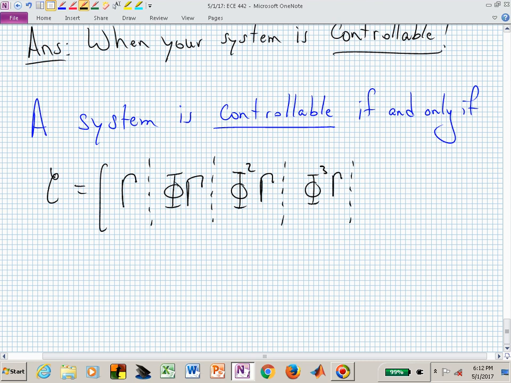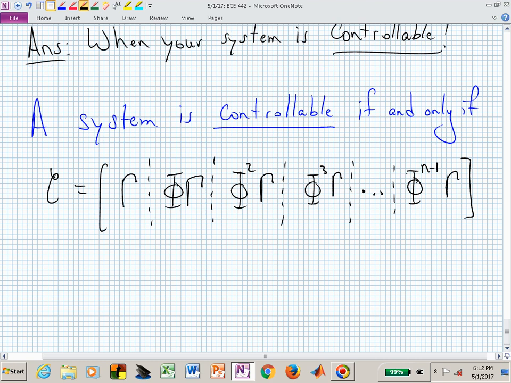Now, the final exam is time limited, so we're not going to keep going with this. We go until we've multiplied n minus 1 of these phis together and then hit it with gamma. Actually, you would just create phi gamma, then hit that with phi to give you phi squared gamma, hit that with phi to give you phi cubed gamma, etc., up until phi to the n minus 1 gamma.